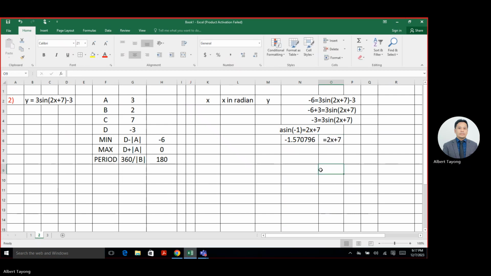Okay, so you have to put a space here before the equal sign. And this will be equal to this minus 7. Because we transfer 7 to the other side, then we have to divide this by 2 because we have 2x to find our x. Okay?